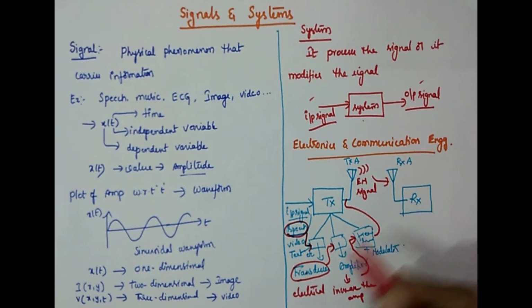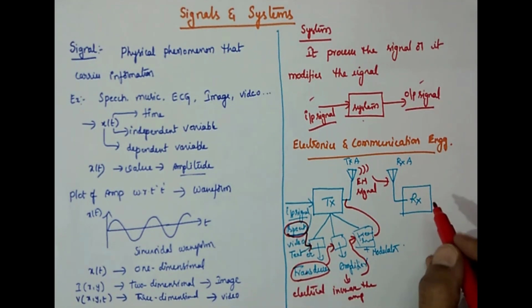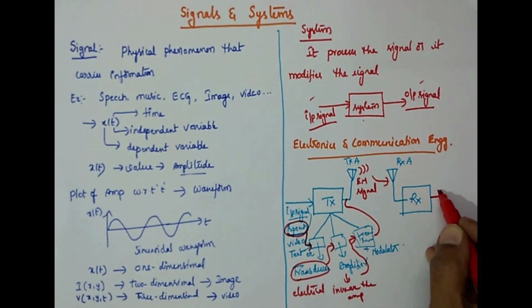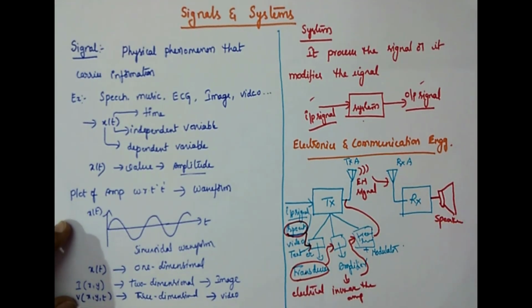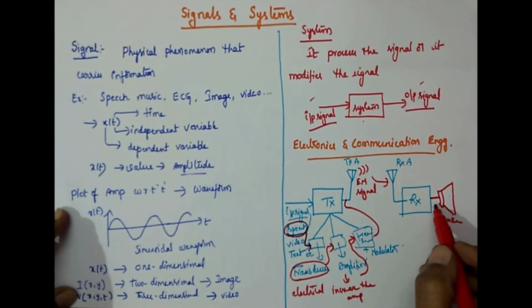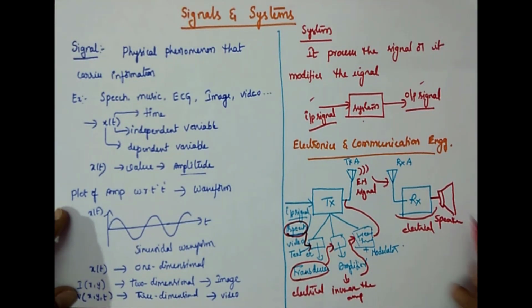Then suppose it is speech, then what should be the output of the receiver? The last block of the receiver must be a speaker. Up to this it is all electrical signal in different forms, and from this it is sound.